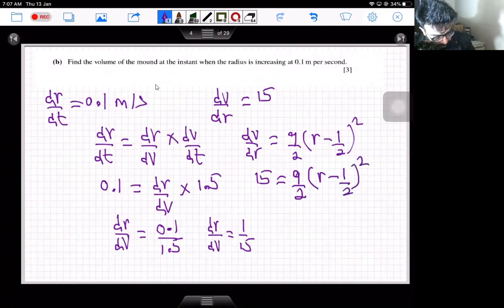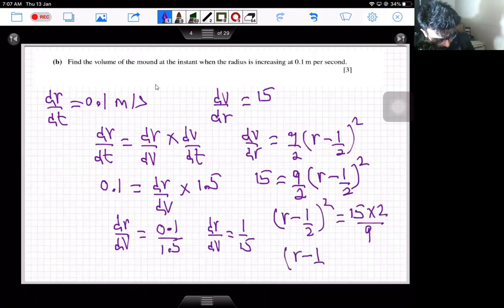Okay, so if you make (r minus 1 over 2) the whole thing squared the subject, this is 15 multiplied by 2 divided by 9. So (r minus 1 over 2) the whole thing squared is equal to 30 over 9. Okay, and 30 over 9 in its simplest form is 10 over 3.